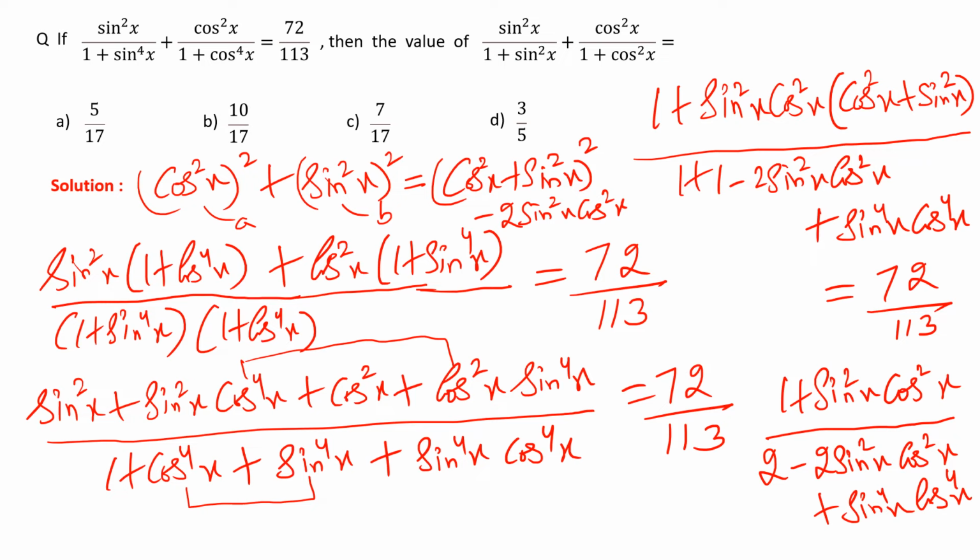And whole of this expression is equal to 72 upon 130. Fine. Now to solve it further, we'll be multiplying the terms by using cross multiplication. And we'll solve this equation further.